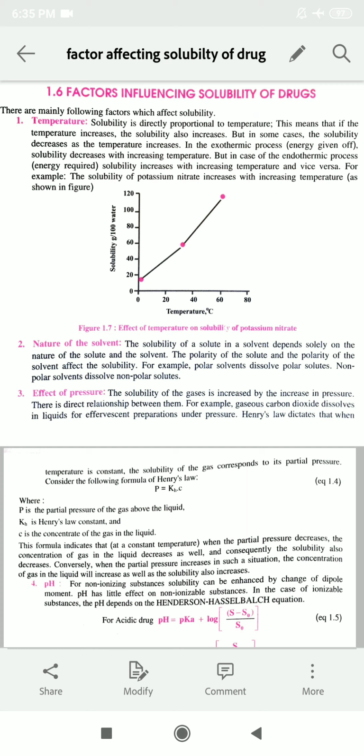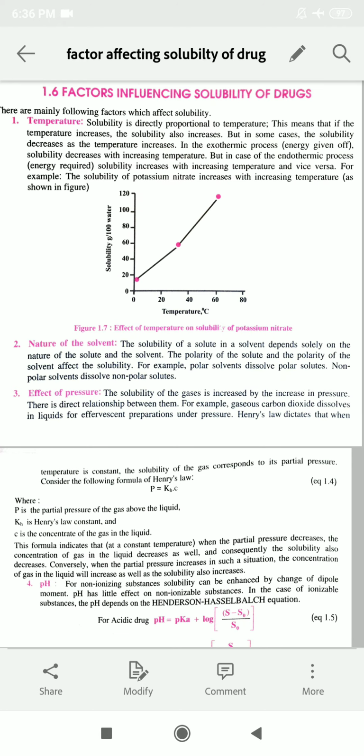any solution formation process, there are two kinds of formation. First one is exothermic, which means they release energy to form the solution, and second is endothermic, so they need energy to form the solution and dissolve the solute.